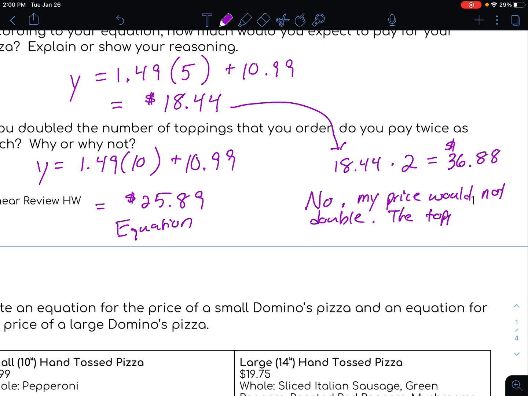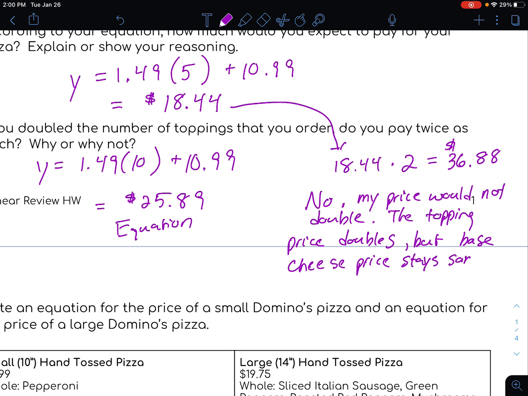The topping price doubles. I paid twice as much for the toppings, but the base cheese price stays the same. In other words, I still just pay this $10.99, even when I'm doubling the toppings.